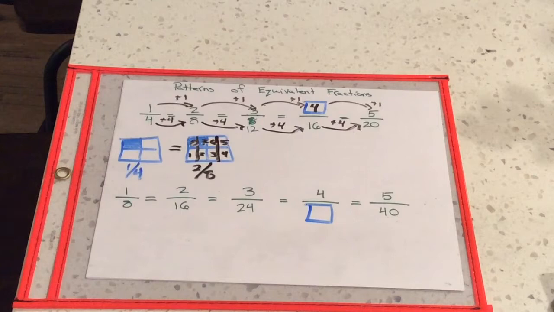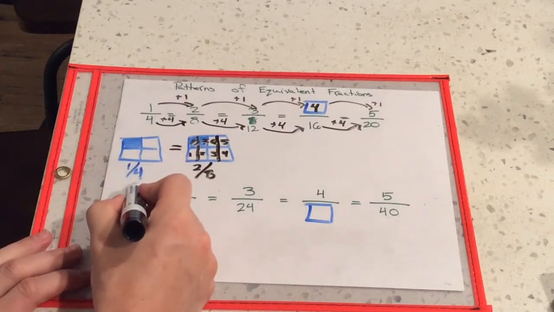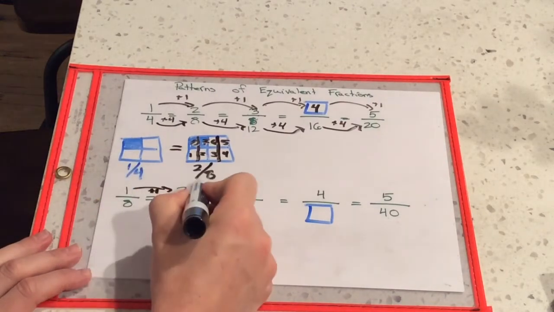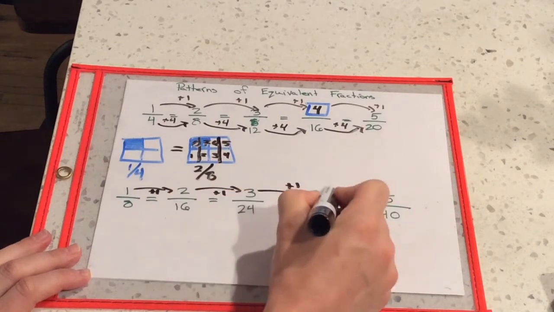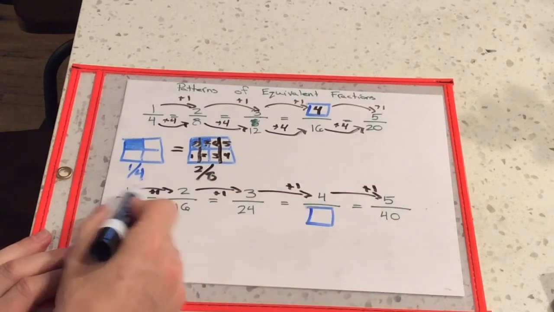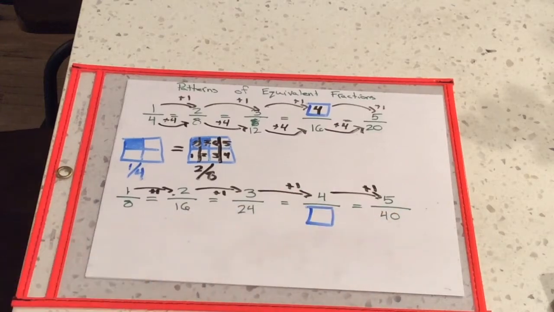Down on this bottom example, we're going to do the same thing. We're going to find equivalent fractions by identifying patterns and then mathematically proving it using multiplication. So again, I'm noticing that on my numerator, it looks like I'm just increasing by 1 each time. 1, 2, 3, 4, 5. We're getting larger by 1.